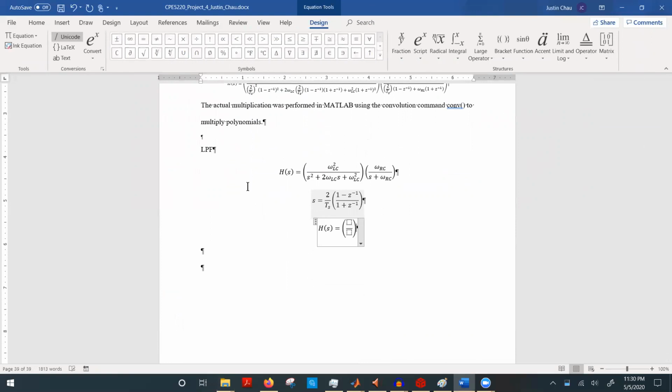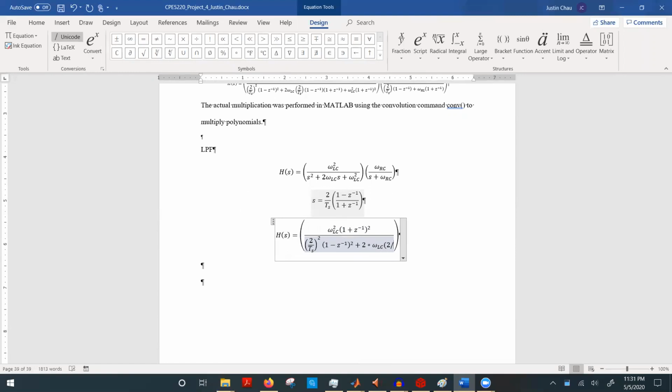So for the first section, since omega LC is squared, I know this is going to be the denominator part, the denominator section, raised to the -1, this quantity squared. Over here, we're going to have this section squared, multiplied by the numerator, z minus 1, this squared, plus 2 times omega LC.